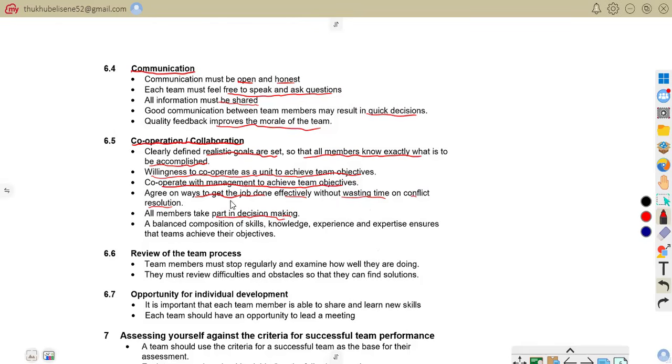They bring out their inputs. A balanced composition of skills, knowledge, experience, and expertise ensures the team achieves its goals. That is a balanced composition of skills, knowledge, experience, and expertise that ensures that the team is going to achieve its objectives.